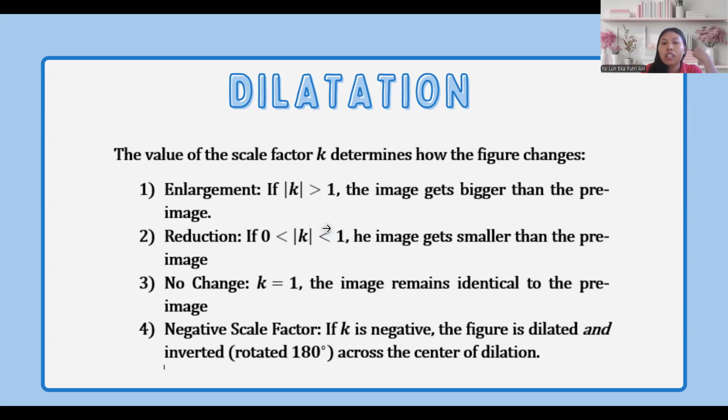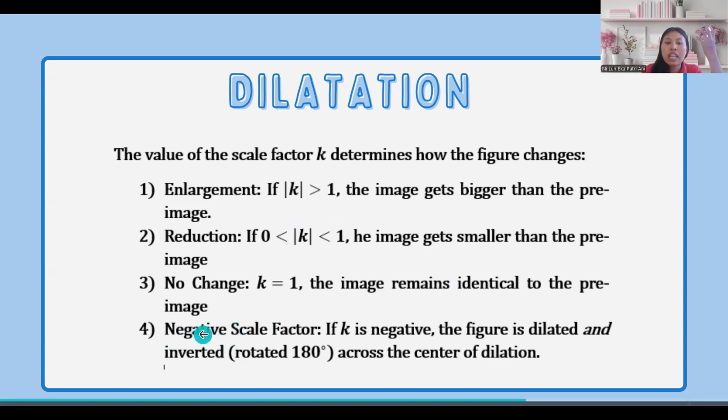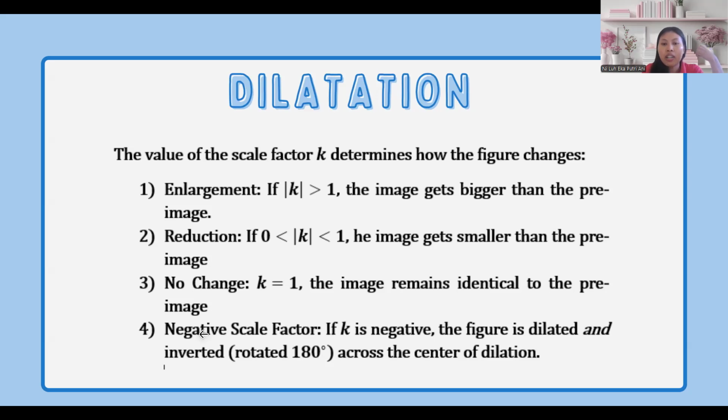If the absolute value of k is more than 0 but less than 1, the image gets smaller than the pre-image. And last, no change. If k is equal to 1, the image remains identical to the pre-image. And negative scale factor: if k is negative, the figure is dilated and rotated 180 degrees across the center of dilatation.